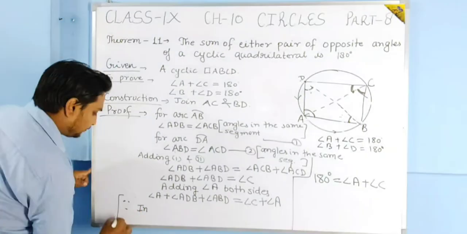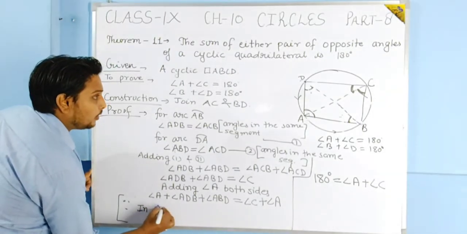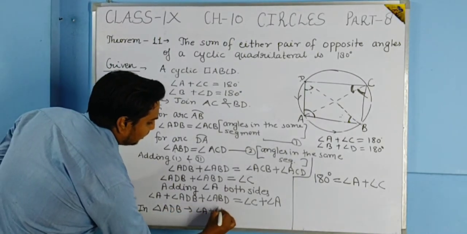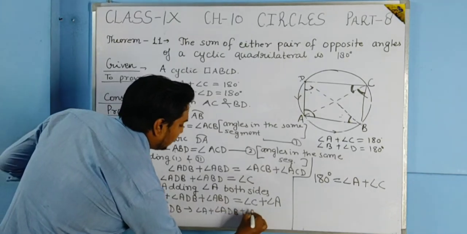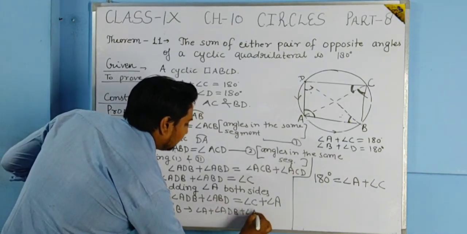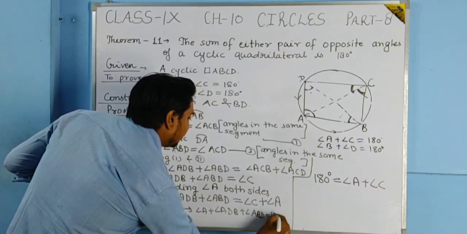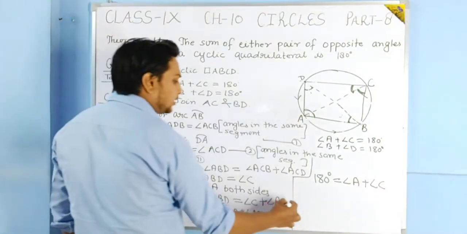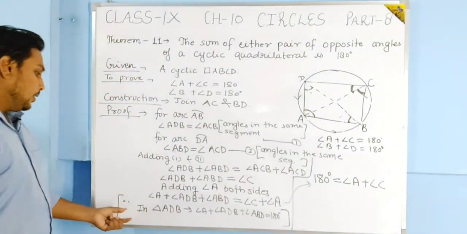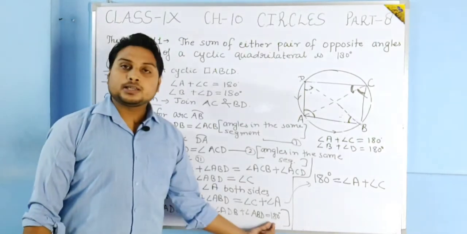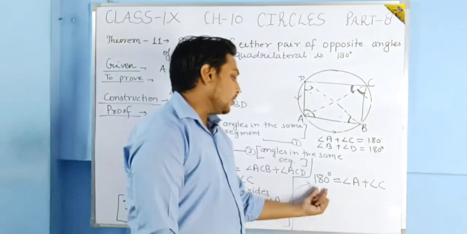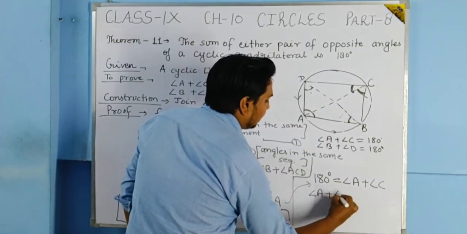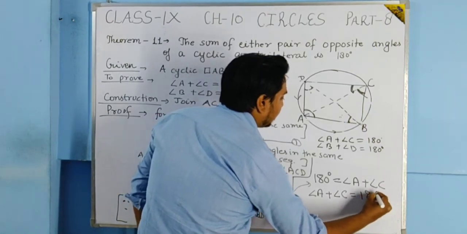We know that since in triangle ADB, angle A plus angle ADB plus angle ABD is 180 degree. This reason I have written here, and after this step we'll write that in this triangle the sum of these three angles is 180 degree, so that is why the left hand side becomes 180 degree. So here we can directly say that angle A plus angle C is equal to 180 degree.